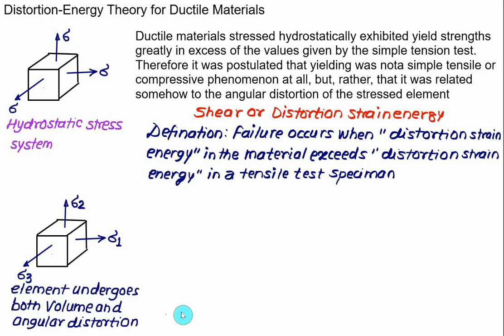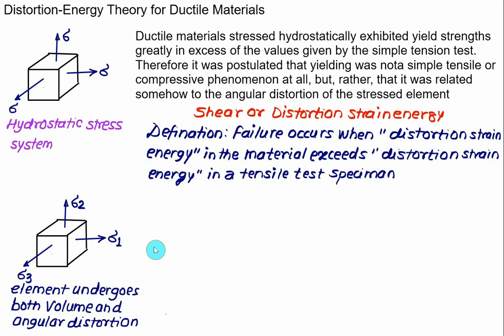So we split these three principal stresses into two figures. One consists of the element undergoing hydrostatic tension, which has only volume change, and the second element has an angular distortion without volume change.